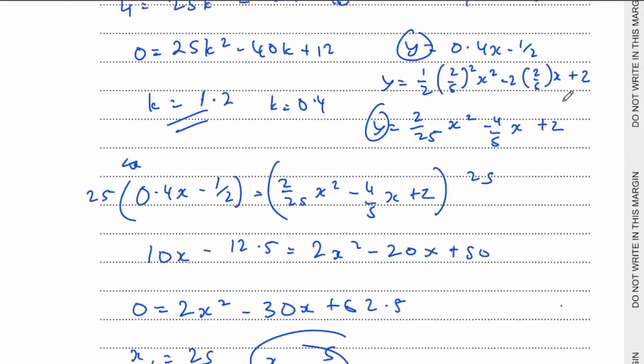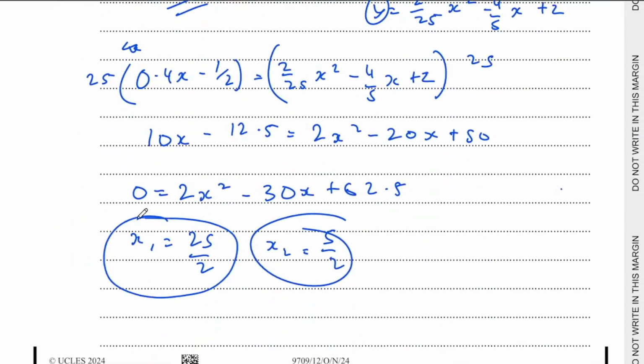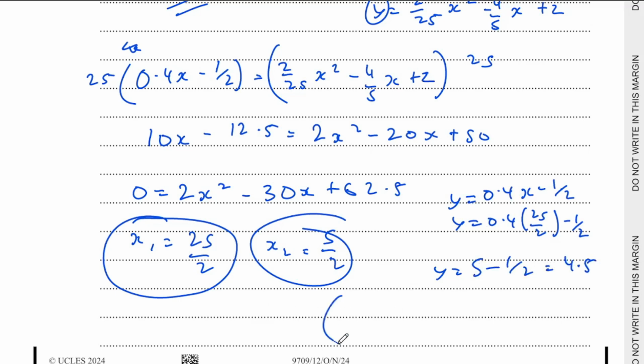X is 5 over 2, and so this is our other point of intersection, and with this we can find the y value for this as well. y equals 0.4x minus a half, y equals 0.4 times 25 over 2 minus a half, so y will equal 0.4 times 25 over 2, which is just 5, minus a half equals 4.5. So the other point of intersection is x 25 over 2 and y being 4.5 or 9 over 2. Yeah, and that's going to be it for this question.